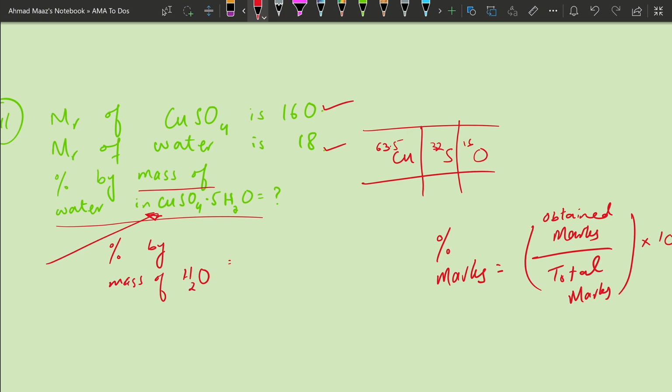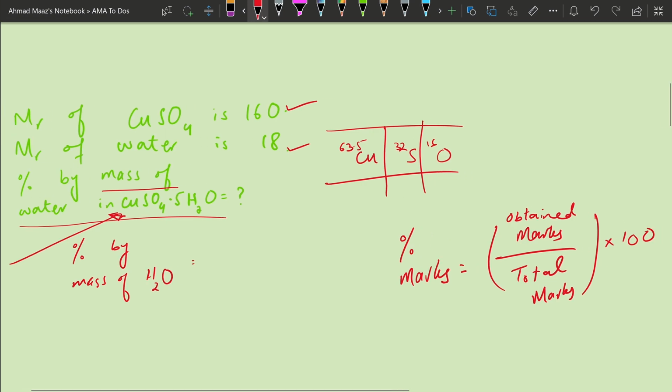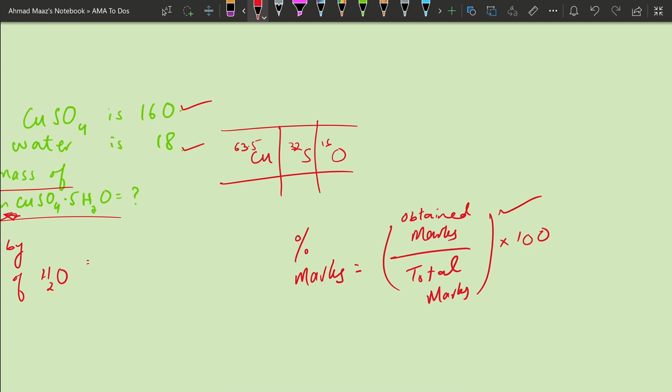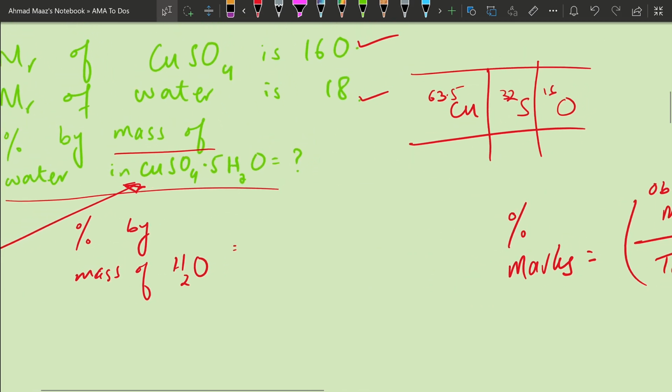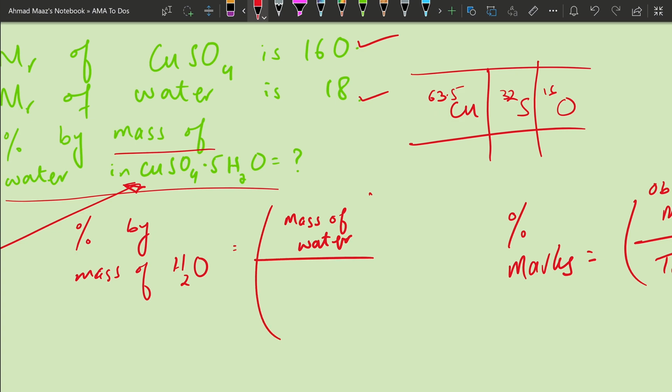Okay, so whenever you want to find the percentage, it is the same as you calculate the percentage of your marks. Your obtained marks divided by your total marks times 100 gives you your percentage of your marks. Similarly, we'll do it with the water. It will be the mass of water that we need in place of our obtained marks, and the total mass of compound, times 100.